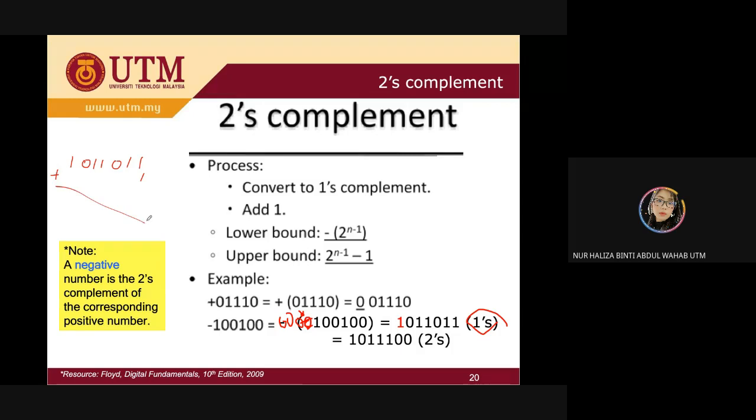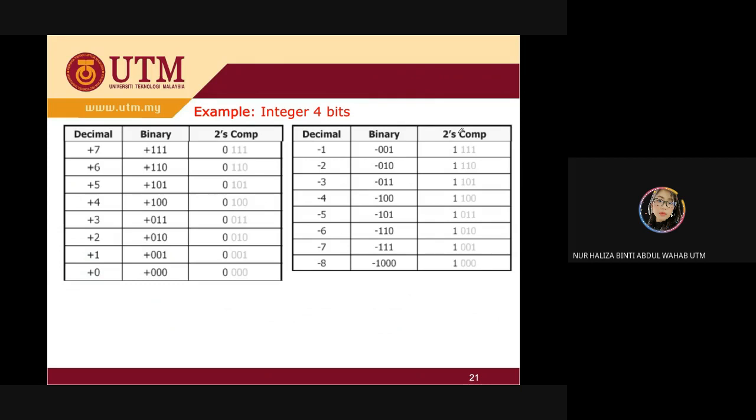And you will get 101110. If you see it directly like this, you will be clueless, but this is because you add 1. See, add 1. So for second complement, easy peasy.